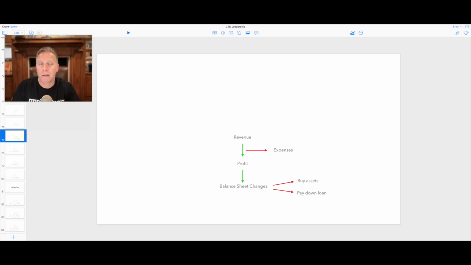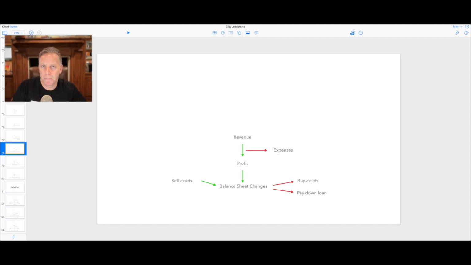Now, the interest you pay on that loan is an expense, but the actual principal of the loan is just taking one asset, cash, and paying down a liability. So you're paying down the loan. Again, it's money moving out of the company, but it's going to create a better balance sheet as time goes on. There's another way of money moving into the company on the balance sheet side.